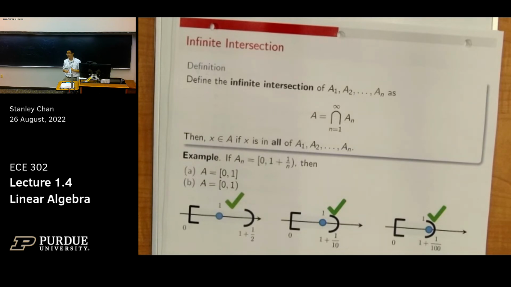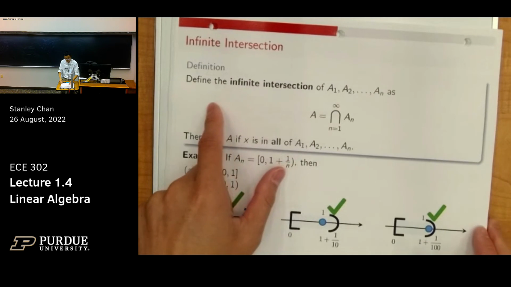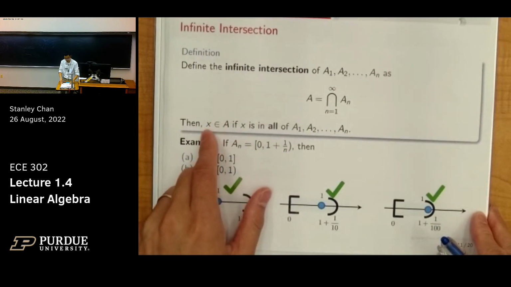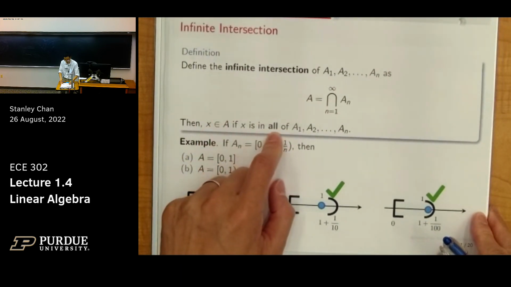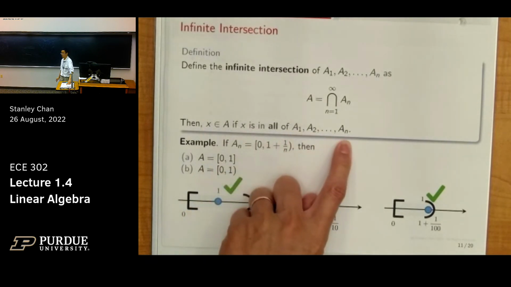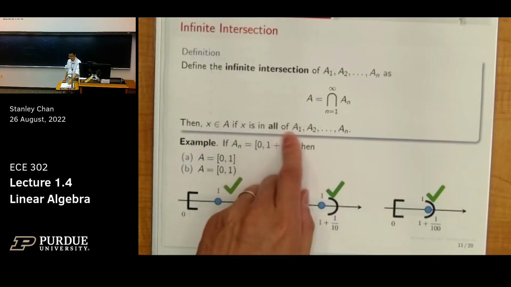How about AND? If you think about two sets A and B, you want to make sure that an element is in both, so it needs to appear in every one that you're considering. Therefore, for this infinite intersection, you want to make sure that x is in all of A1 through An.